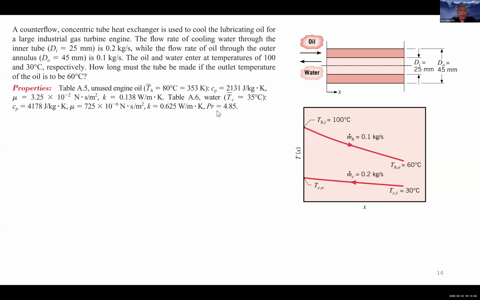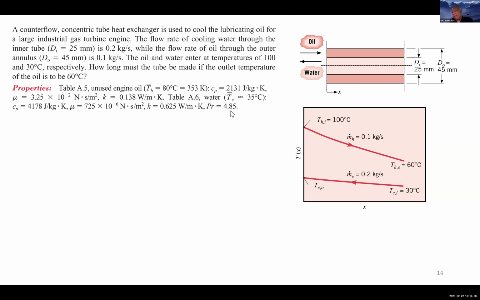So in the beginning, we need to find the property of the water, because when water is going in, it is 30 degrees Celsius, all right. But when it's out, we don't know the temperature. So we assume that the temperature over here should be larger than 30 degrees.